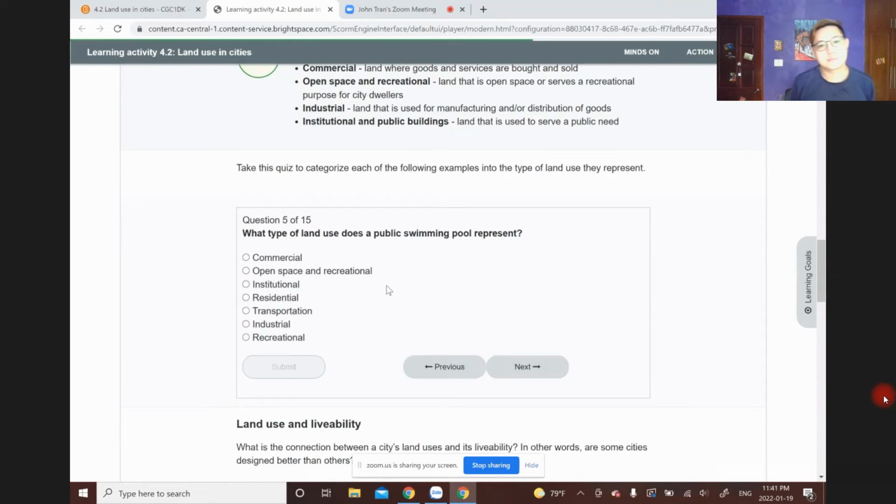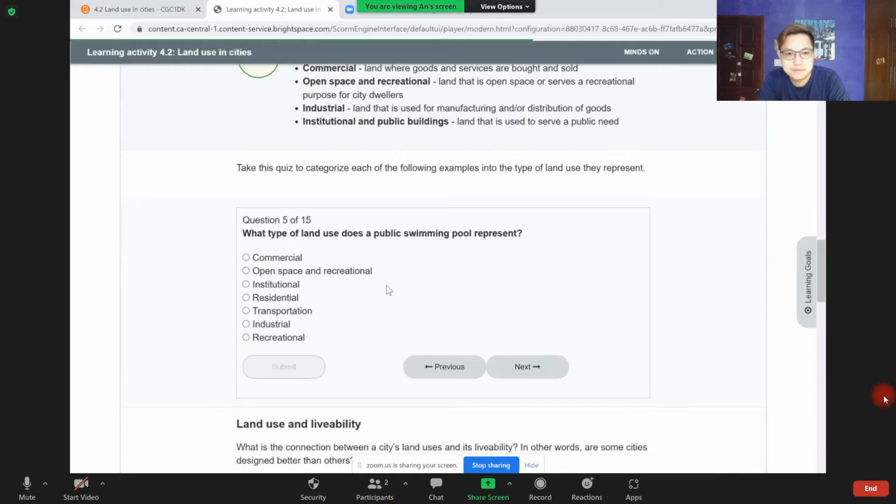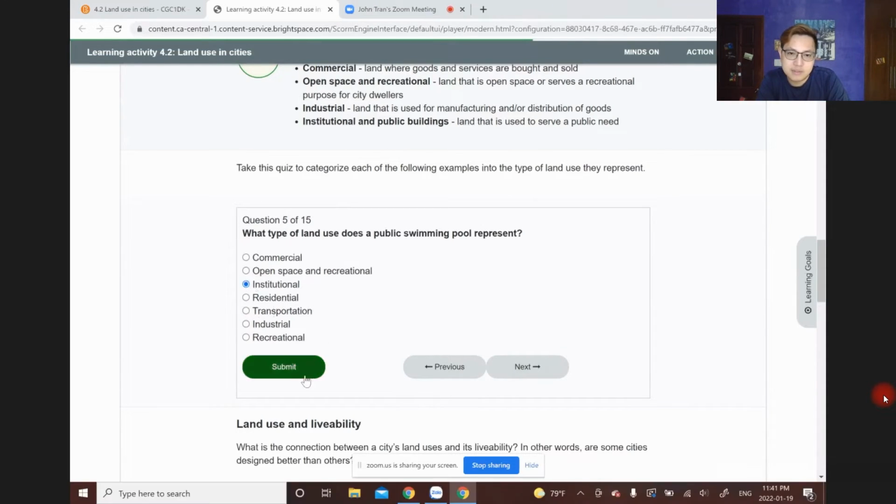What type of land does a public swimming pool represent? Institutional means government buildings, hospitals, schools. So I think a swimming pool is open space, isn't it? And recreational, it's also for training health and spending time.